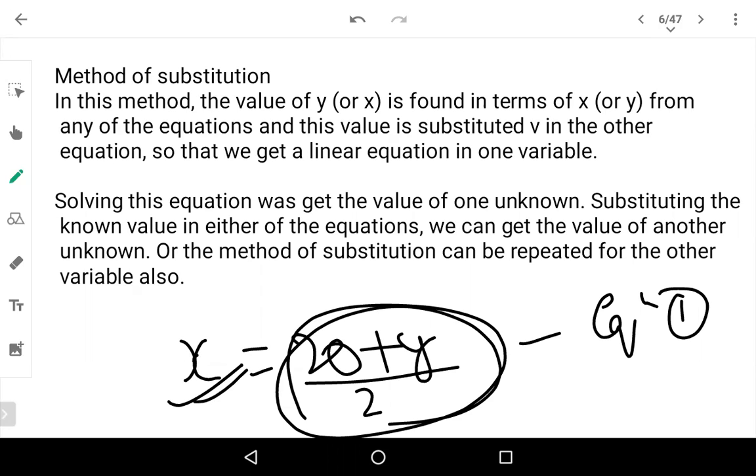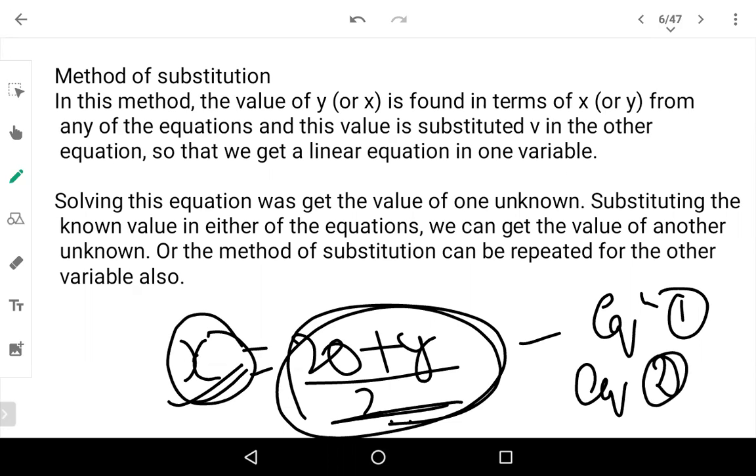Then I will go to equation 2 and in the place of x, I'm going to substitute this expression so that I will be able to arrive at one variable. Okay, once I get one variable, then I can find the other variable.